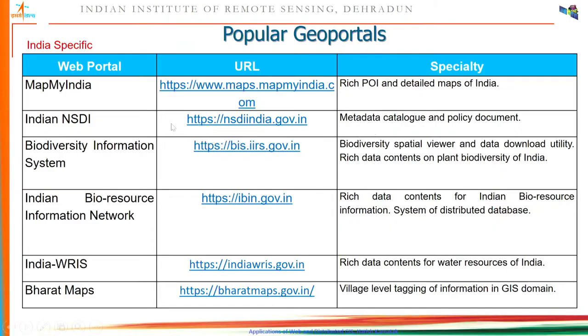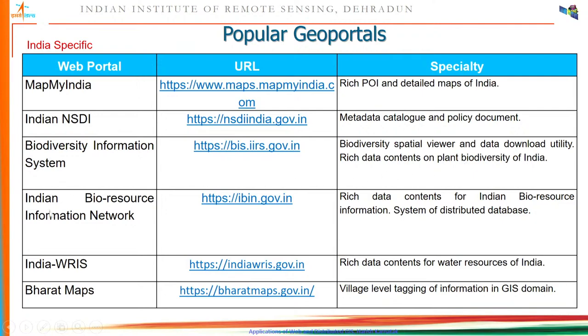So you can visit their website. Here the complete metadata is available, and then you can get information about the different characteristics of data and their locations and their status of availability. They also host some of the policy documents with respect to the spatial data on their website.